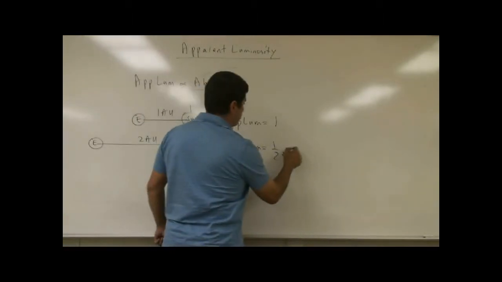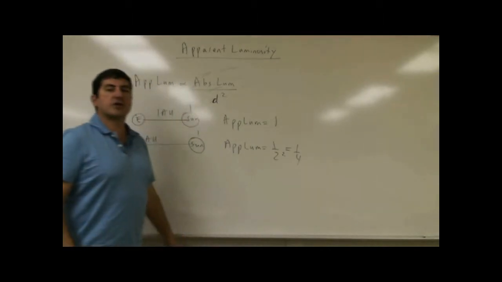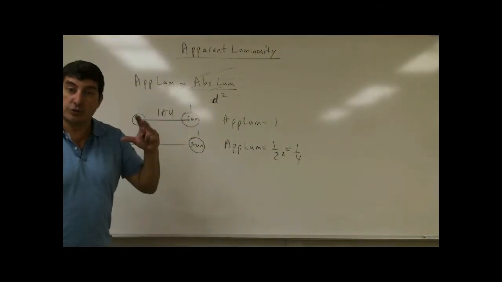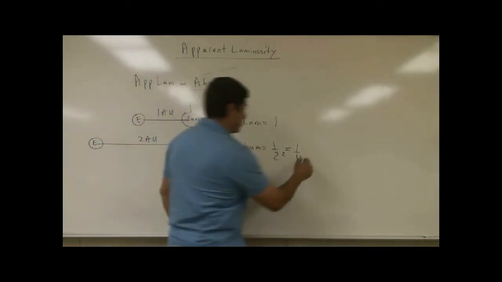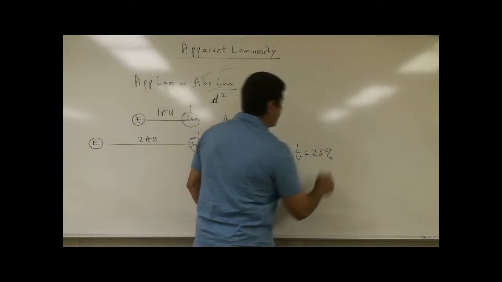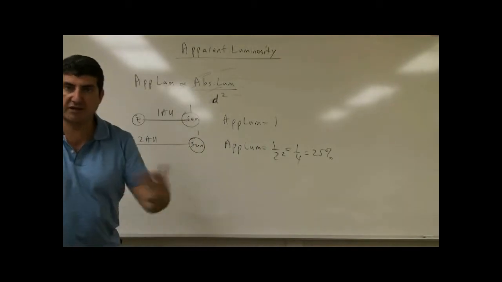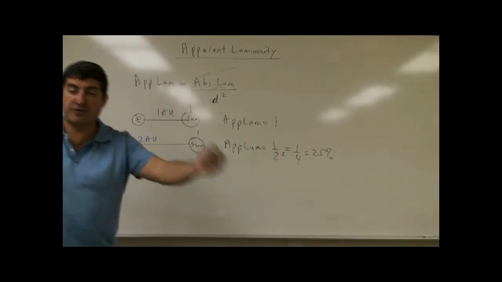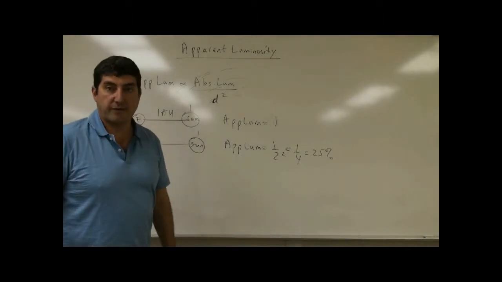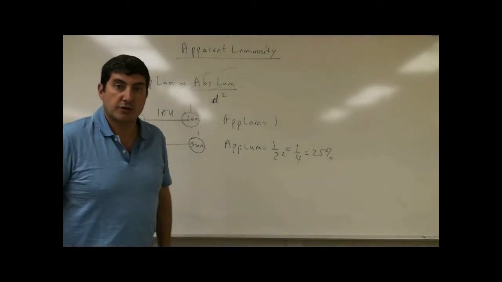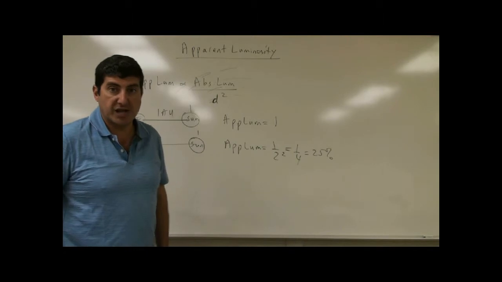So it's going to be 1/4. Therefore, it will appear a quarter of the brightness as what it appears now, which is to say, it will appear 25% the brightness of what it appears now. So notice, just by moving 2 AUs away, we've cut the luminosity by 1/4. So it only appears 25% of its present luminosity.